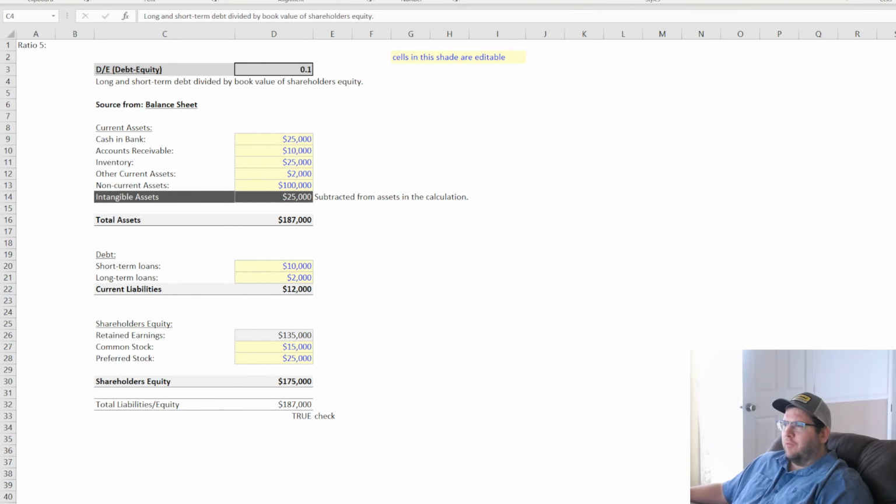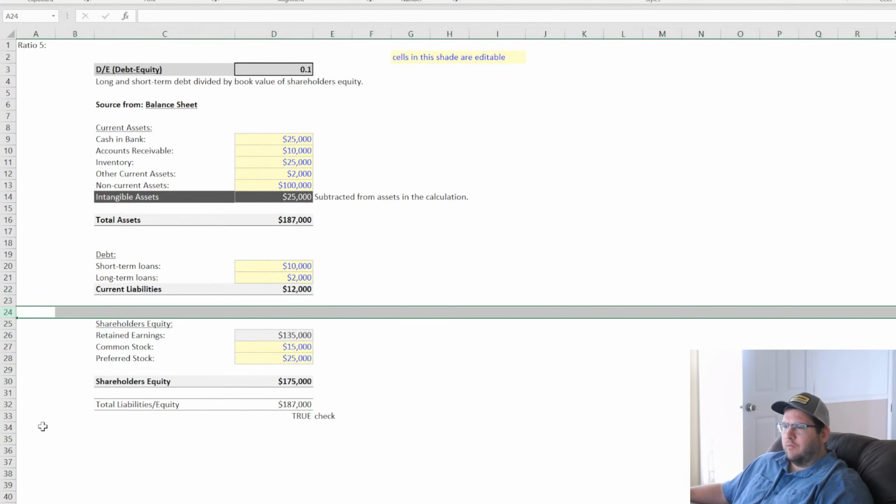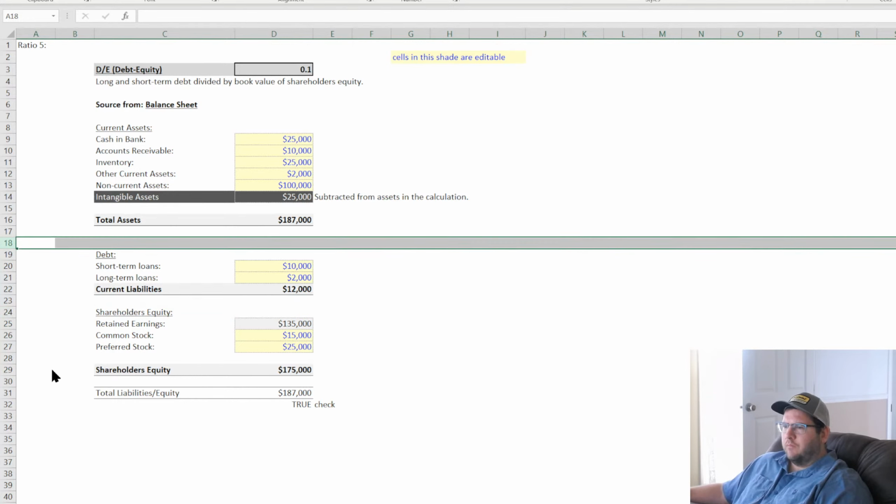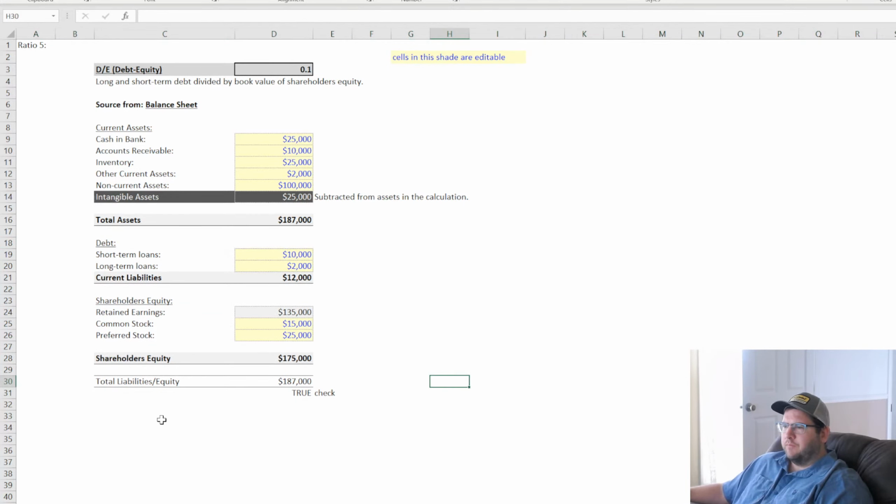So book value of equity, I'm just making sure I understand the calculation. Book value of equity is, we're going to have to go down here. I'm not going to put this check here. Book value of shareholders' equity.